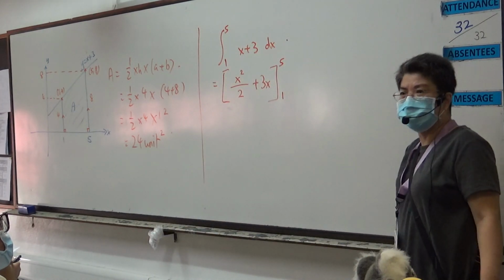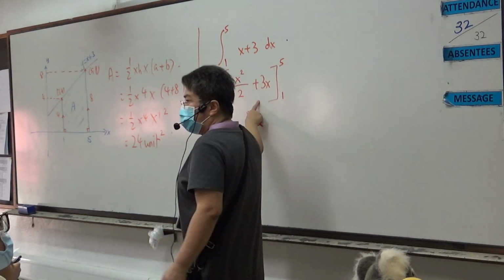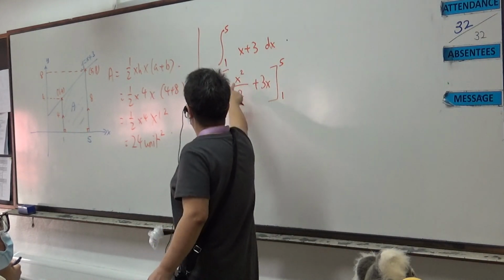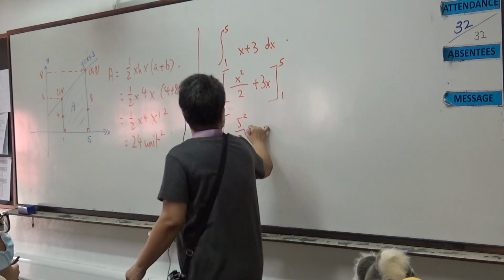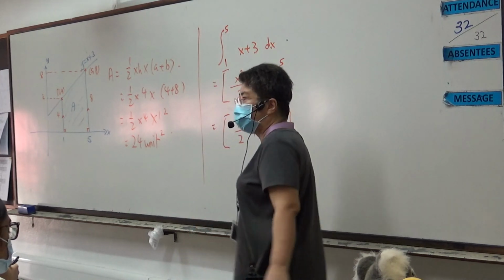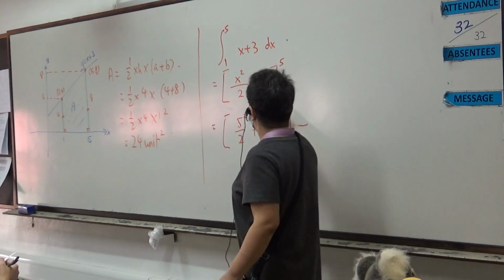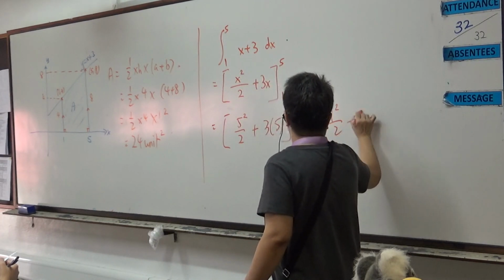Okay, what is the meaning here? All of you look up, please. That means I have this, right? You plug in the value of 5 into x. I will have 5 squared over 2 plus 3 times 5, right? Then I minus, you plug this inside: 1 squared over 2 plus 3 times 1.